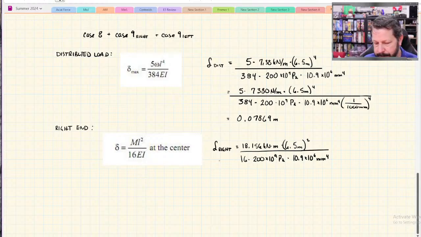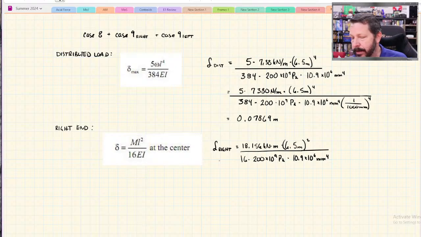Let's see if we can get this. We do need to do the same thing about converting our kilonewtons to newtons and our millimeters to meters so that we have all our matching units.